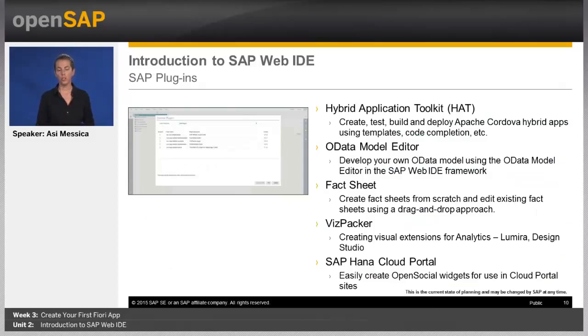I would like to introduce you also to the different plugins that we have in the SAP Web IDE, which are provided by other SAP groups. The first one is the Hybrid Application Toolkit, which enables you to create, test, and build Apache Cordova hybrid applications, using templates, code completions, and all the rapid development mechanisms that we provide for the other SAP UI5 and Fiori applications.